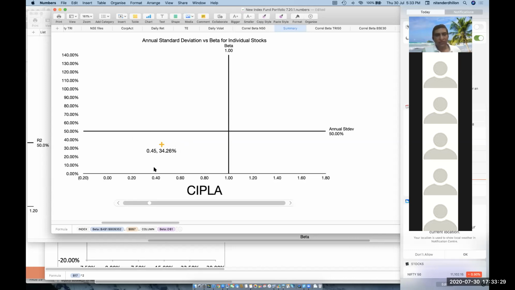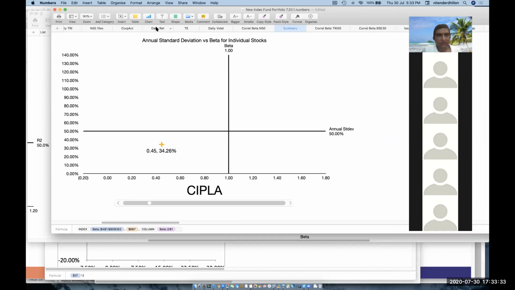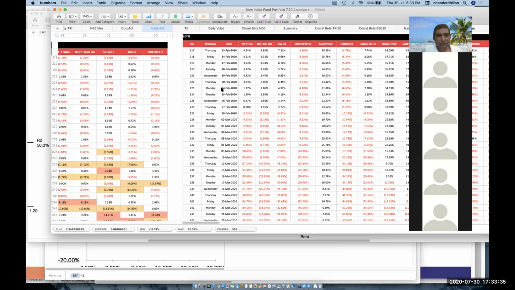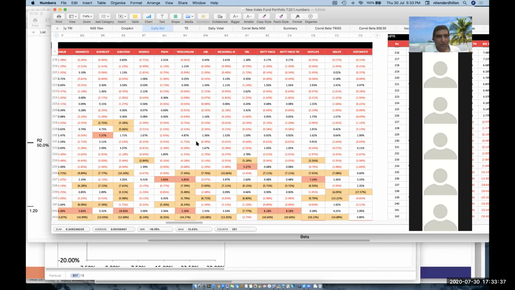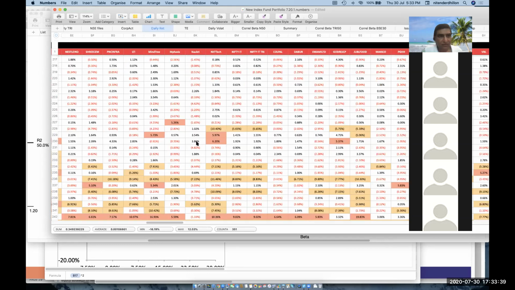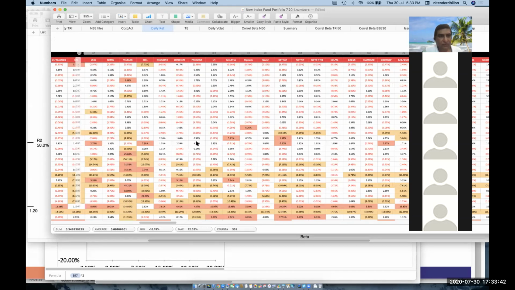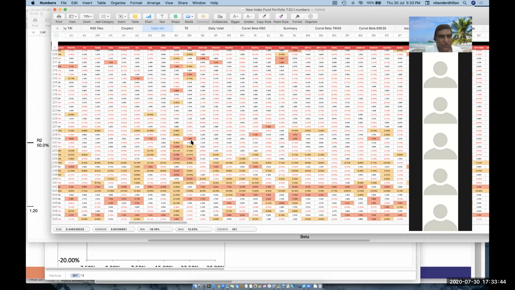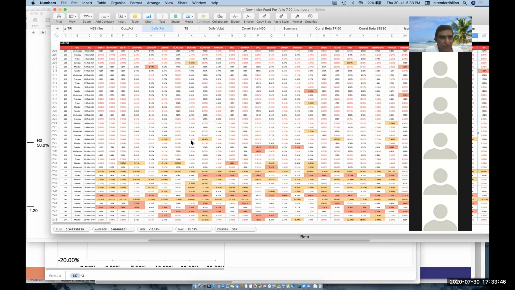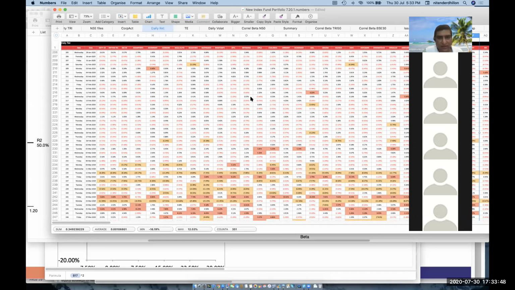So, for example, if you just take a look at the daily returns and you see the red, which stocks are not carrying any red? Most of the securities are carrying red everywhere.